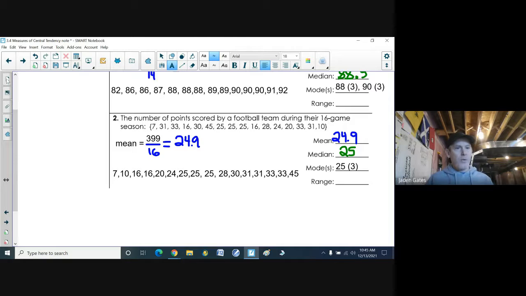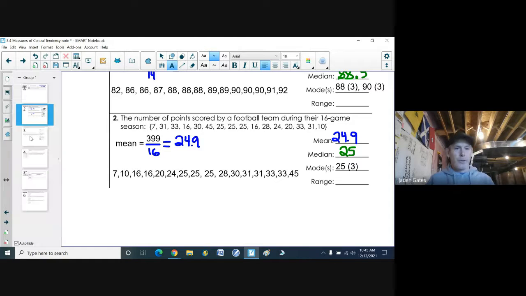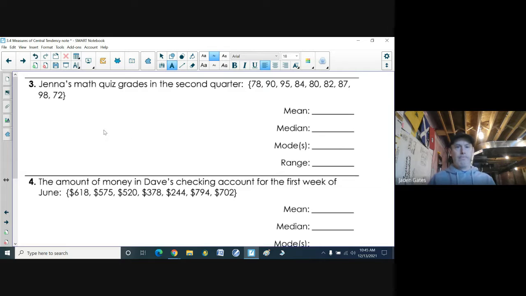All right, one more of those examples. Jenna's math quiz grades in the second quarter. There they are. There's 1, 2, 3, 4, 5, 6, 7, 8, 9 of those. So if I'm going to find the mean, or the average, if you will, we've got 9 marks. So let's add them up here.